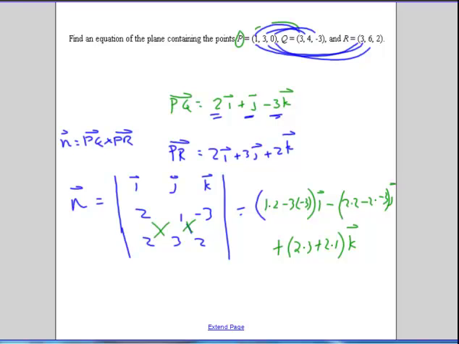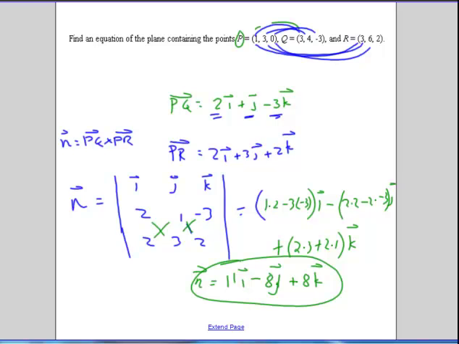And if we simplify this, we have 11i minus 8j plus 8k. And I think I've done this right. It's possible I made a mistake, but I think that's our normal vector.